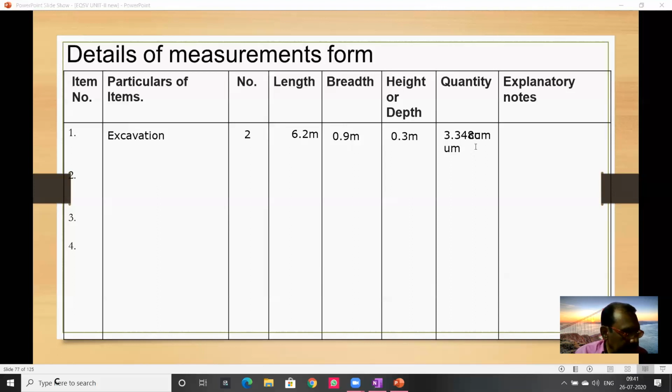This way we have to calculate the quantity.